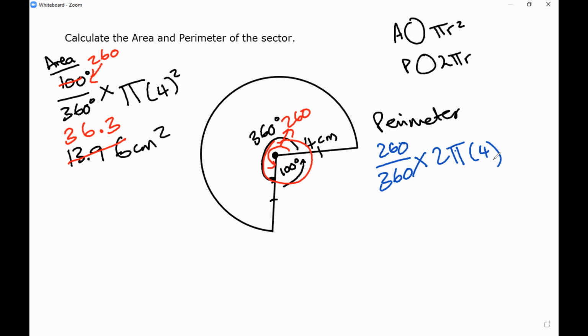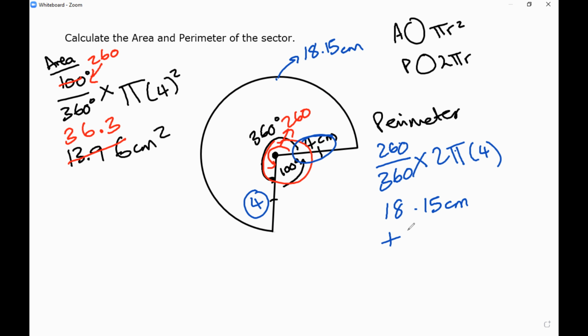All right, so 2 pi r comes to 2 times pi times 4, because my radius is still 4. And I can see that comes to 18.15 centimeters for that part there. Then we add 4, and we add this one as well, 4, and we've got the perimeter. 4 plus 18.15 plus 4.